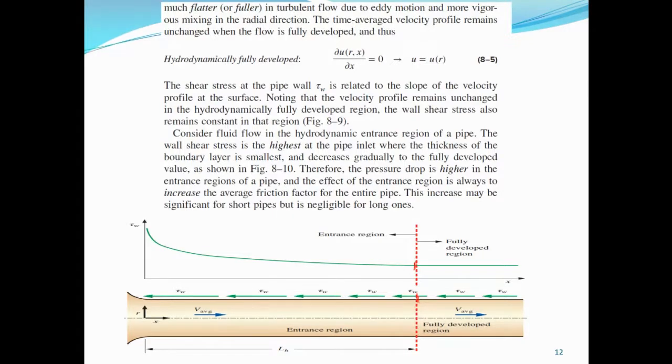The velocity is initially varying with r and x, but when it is fully developed, it becomes a function of r alone. Meaning it varies only in the vertical direction, not in the horizontal direction. So it becomes one-dimensional. It is fully developed.